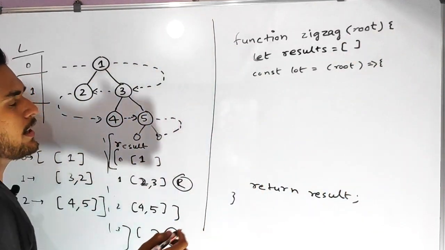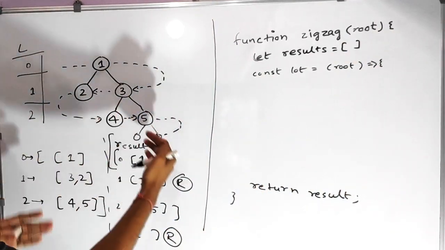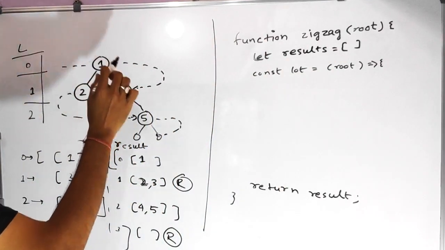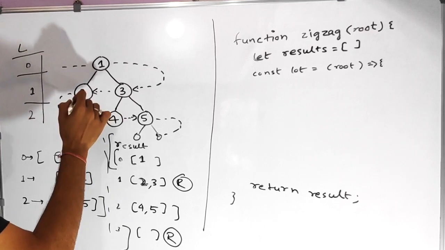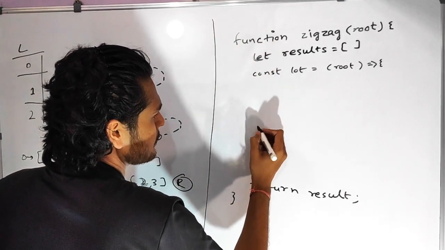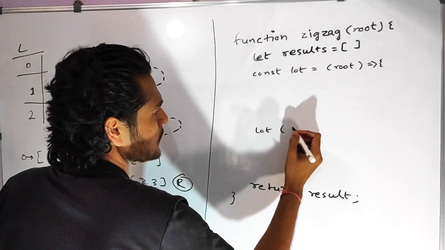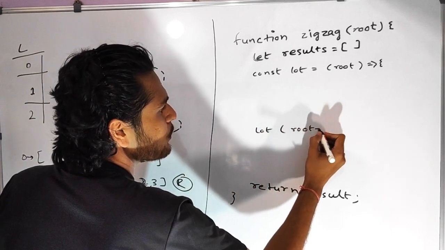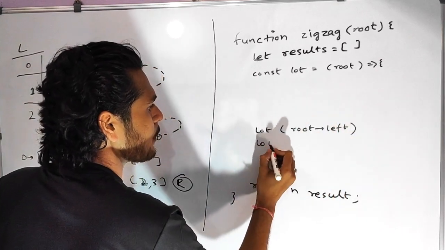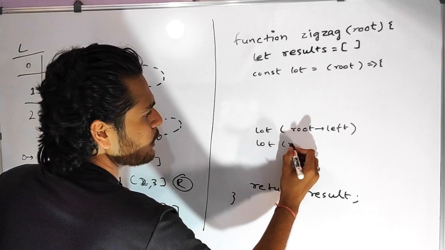How will we traverse the tree? When we are at root, in the next iteration we will move to root.left and root.right. We will call it recursively, something like this. So we will be moving to root.left and maybe calling this same function again with root.right.